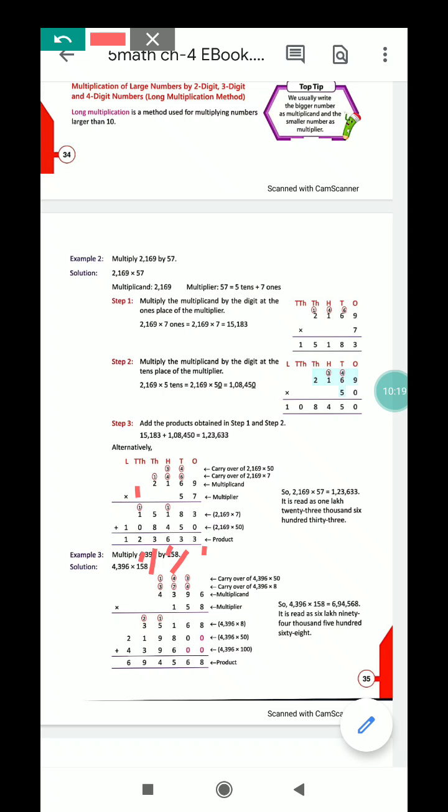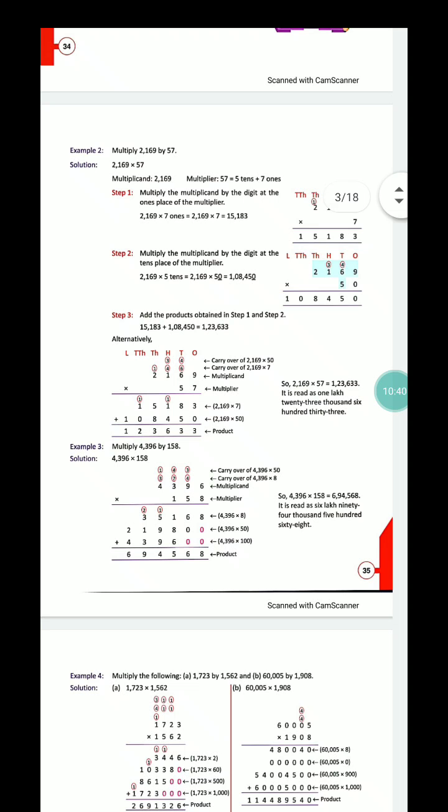So 1 plus 1 is 2, and 1. So we have got the answer 1,23,633, and it would be read as 1,23,633.